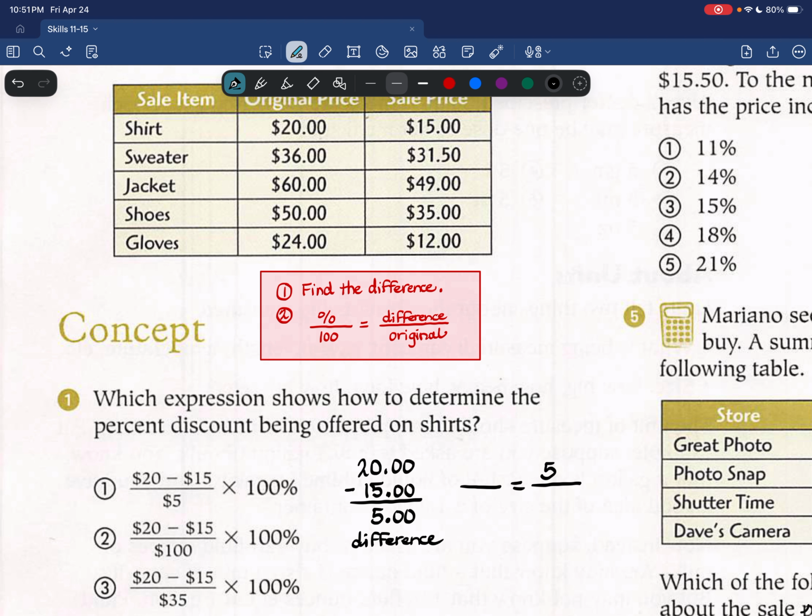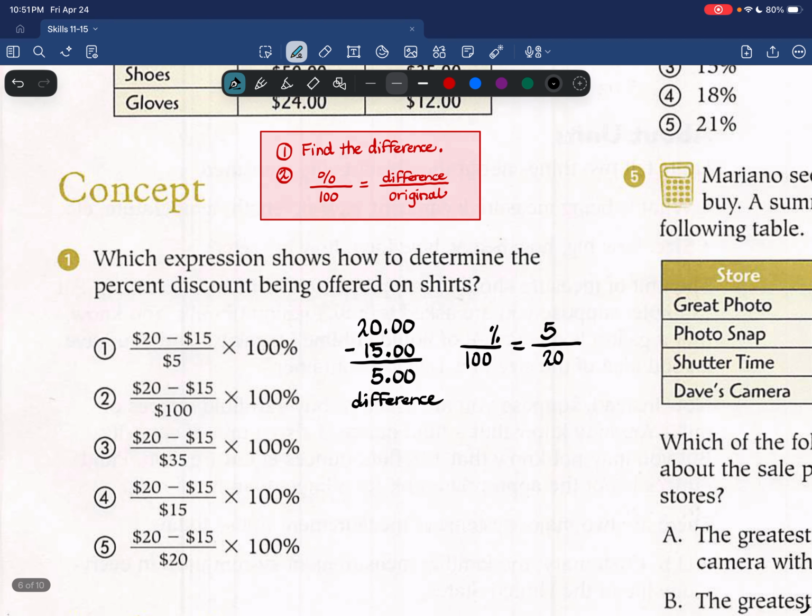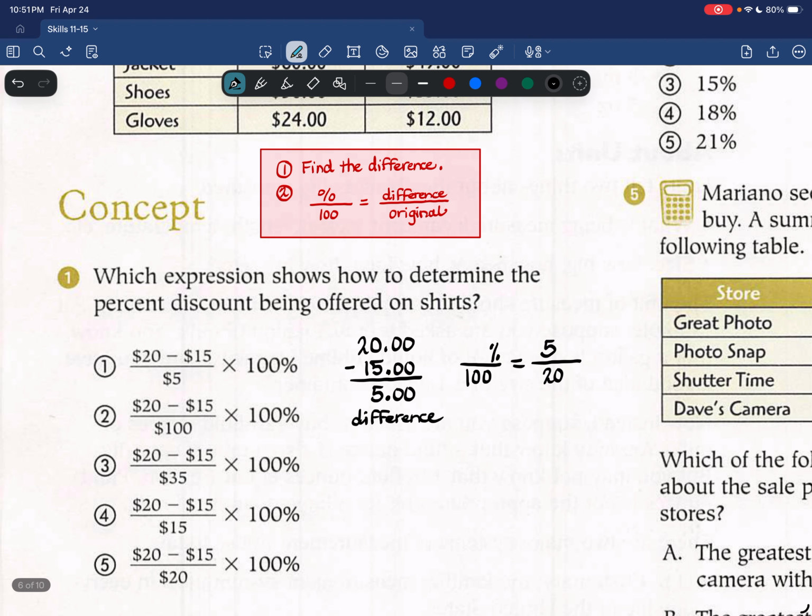I know that 100 is always down here because the top of that is my percentage. And on the bottom of that 5, I need the original cost of the shirt, and that was 20. Okay. So 5 over 20 is what I'm working with in comparison to that 100.